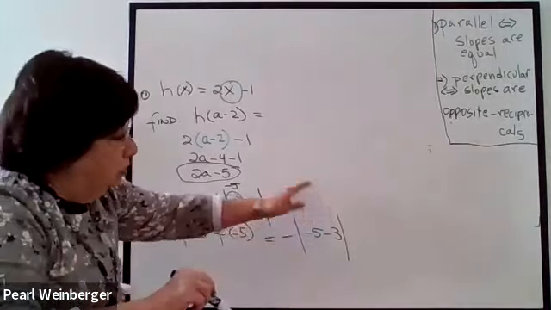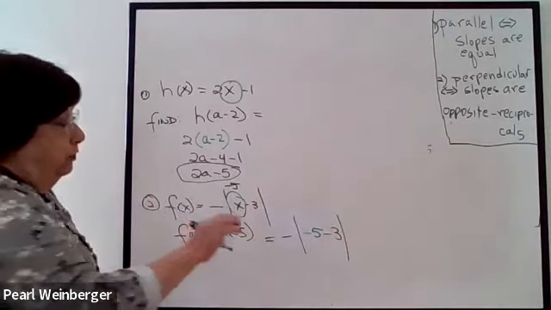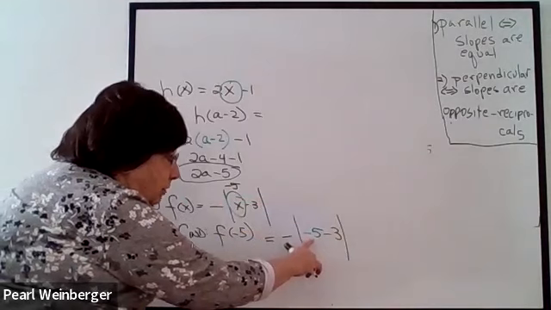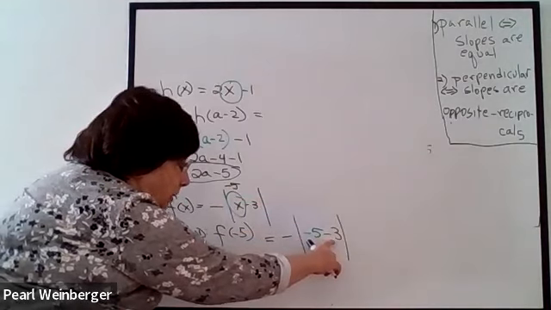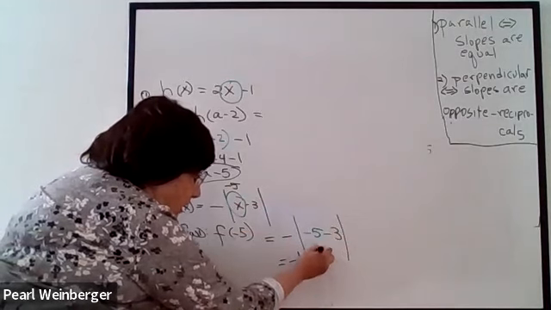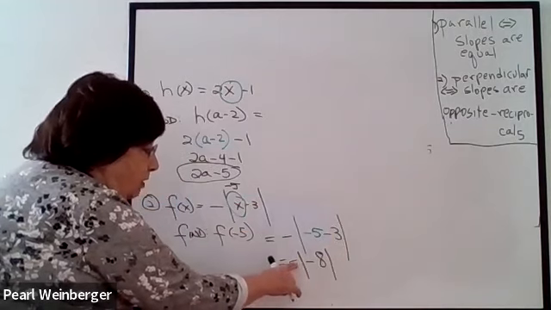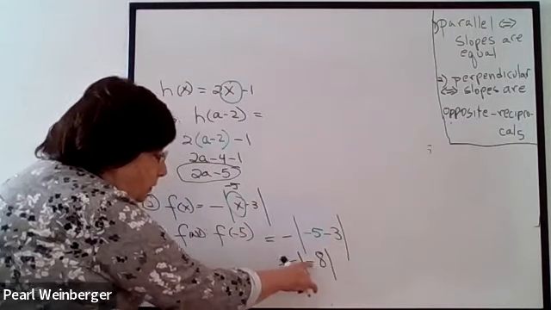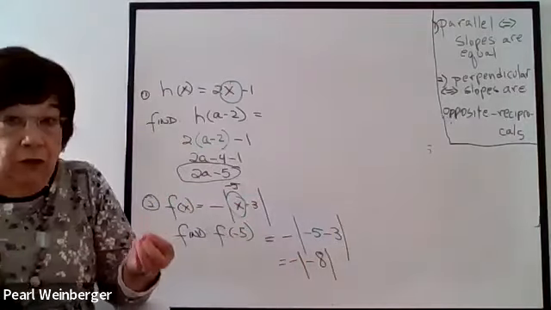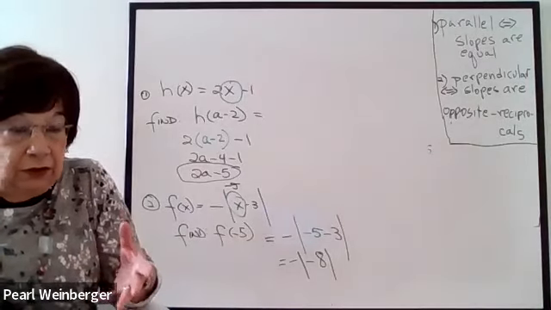Of course, these are all numbers, so I should be able to simplify. First of all, this is now negative 5 minus 3. So this is giving me, inside that absolute value sign, negative 8. It's negative the absolute value of negative 8. Now remember, we know what absolute value means. It means the number without its sign.